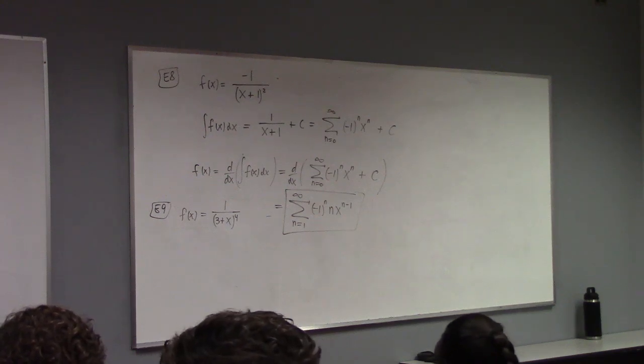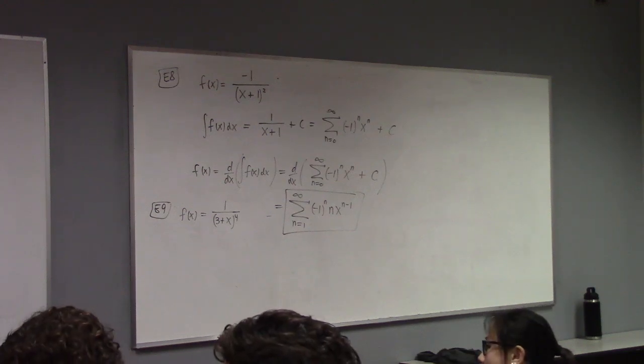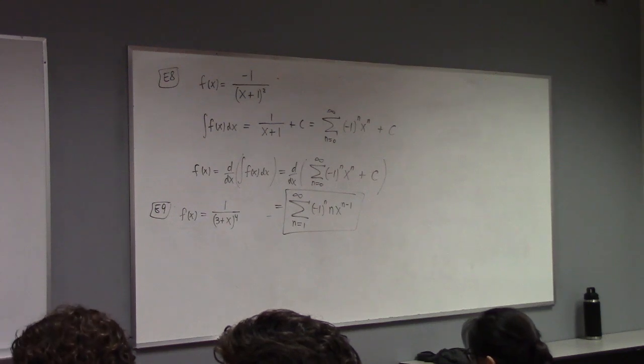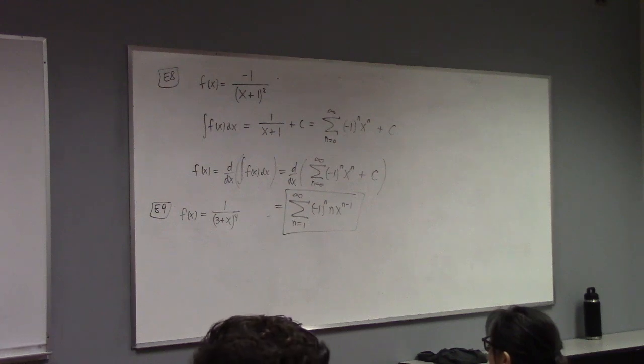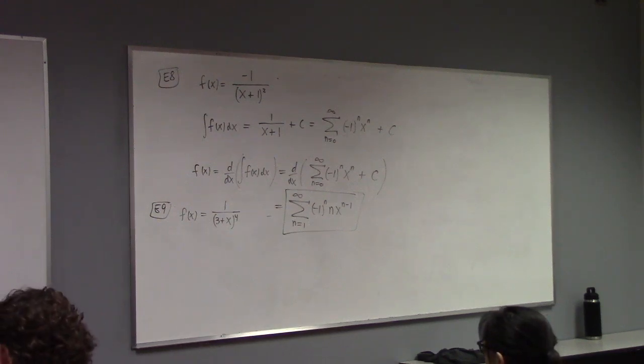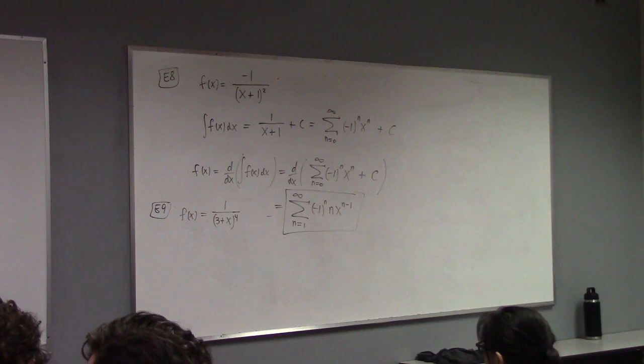Integrate 3 times, x in the denominator. Apply geometric series, and then differentiate once, twice, and the last time you're back where you started. So you can apply this trick, if you can find the function you're looking at to be equal to 1 over something of the form c over 1 minus r, after so many derivatives or so many integrals, then you can apply this trick and come back.